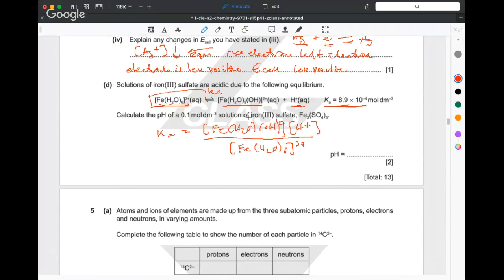Now, what you have to spot is, of course, that the concentration of that and the concentration of that are actually the same, because you've got one hydrogen ion there and one of these ion complexes here.